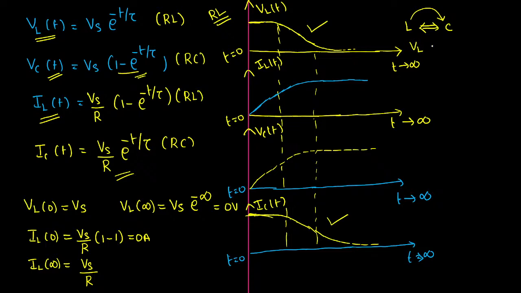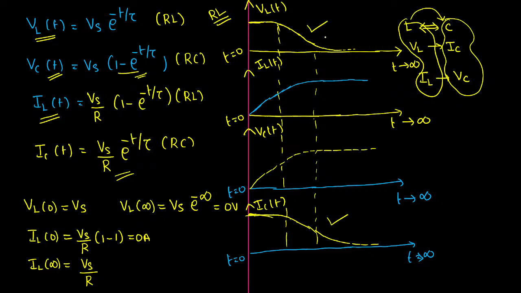If you replace voltage across the inductor by current through the capacitor, and current through the inductor by voltage across the capacitor, from the inductor circuit you can derive the property of the capacitor circuit. This is called duality. We have already discussed that in circuit theory also. So they are dual to each other.